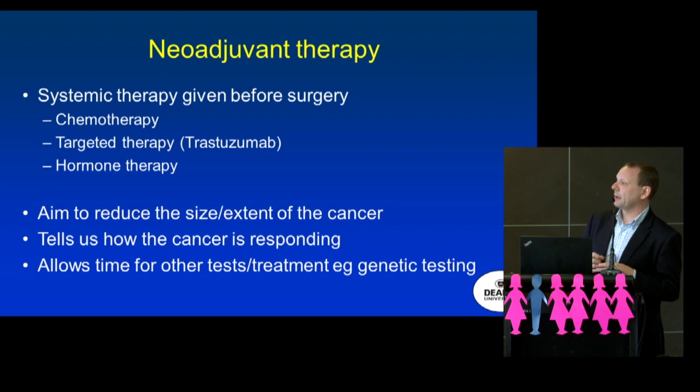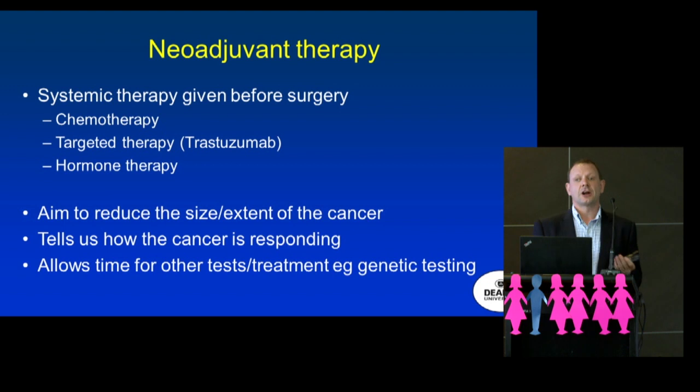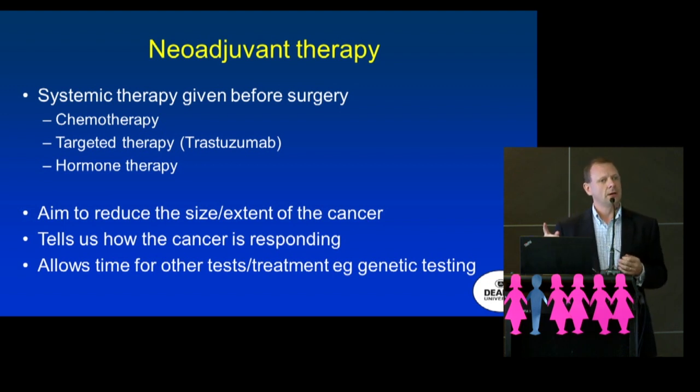I have a patient who had a heart attack around the same time as her cancer was diagnosed. She had the heart attack first, not the cancer, because otherwise someone would have said it was the diagnosis that caused her heart attack. As part of her heart attack treatment, she had to go on blood thinners, which meant we couldn't safely operate because you'd have to stop the blood thinners to do the breast surgery.